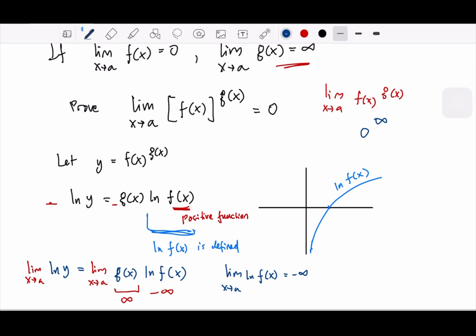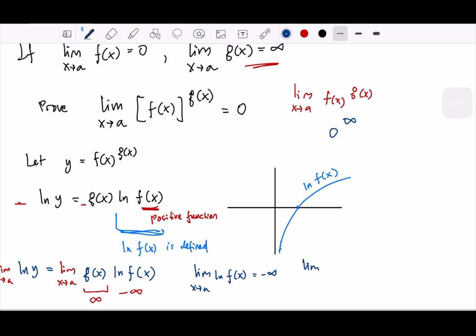Okay. So we can take this as negative infinity. But what does it imply? What does this negative infinity imply? If we remember, what we have is e to the power of x, okay?